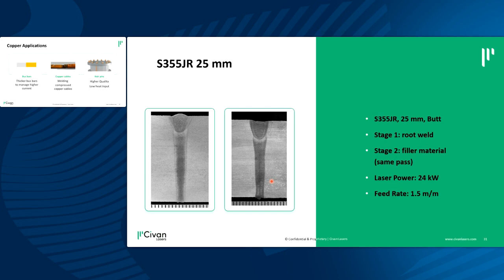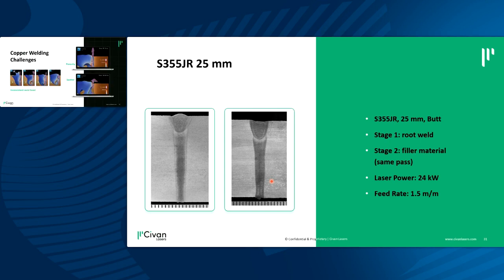What we focus on when welding copper is the more challenging applications, such as welding of very thick copper. What you see here is an overlap of 4.6 millimeters and 4.6 with a penetration of almost 8.2 millimeters. You can see there is no porosity.